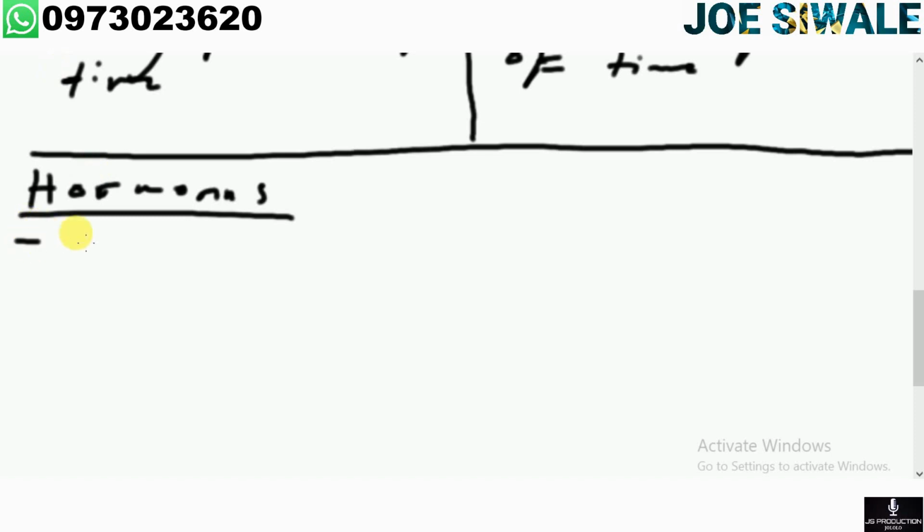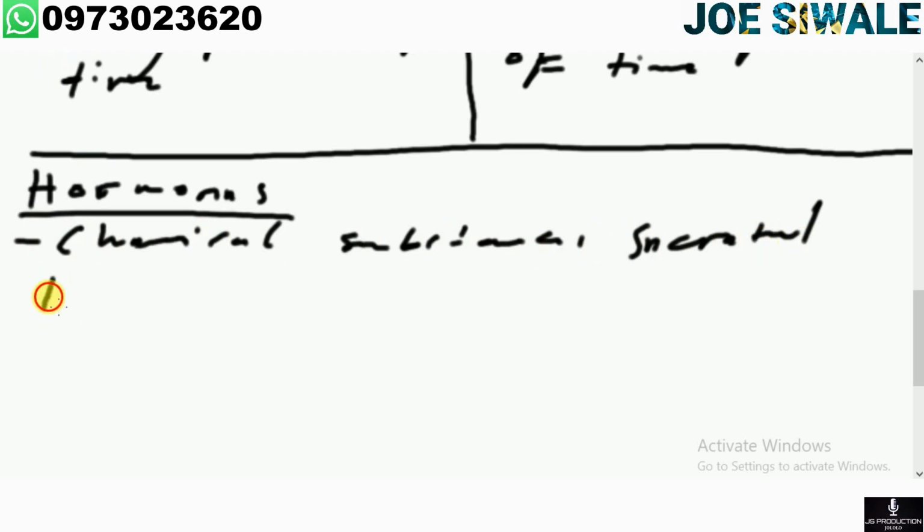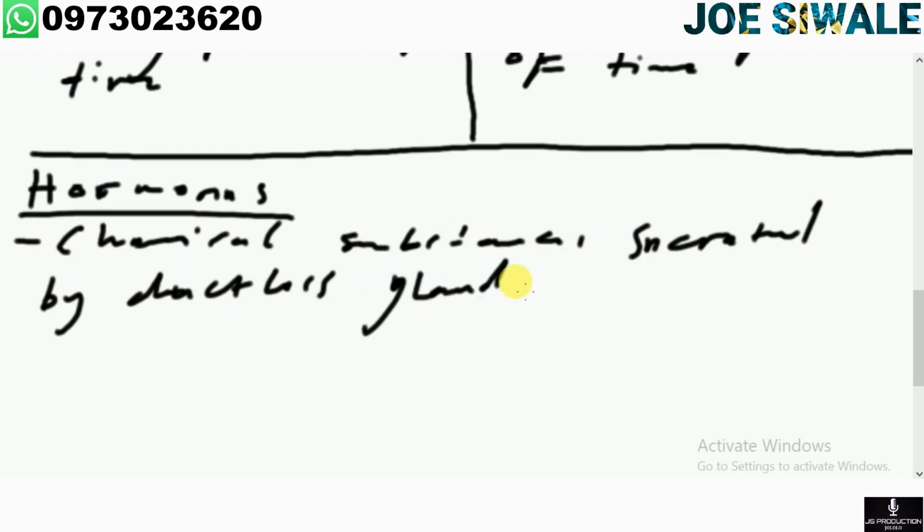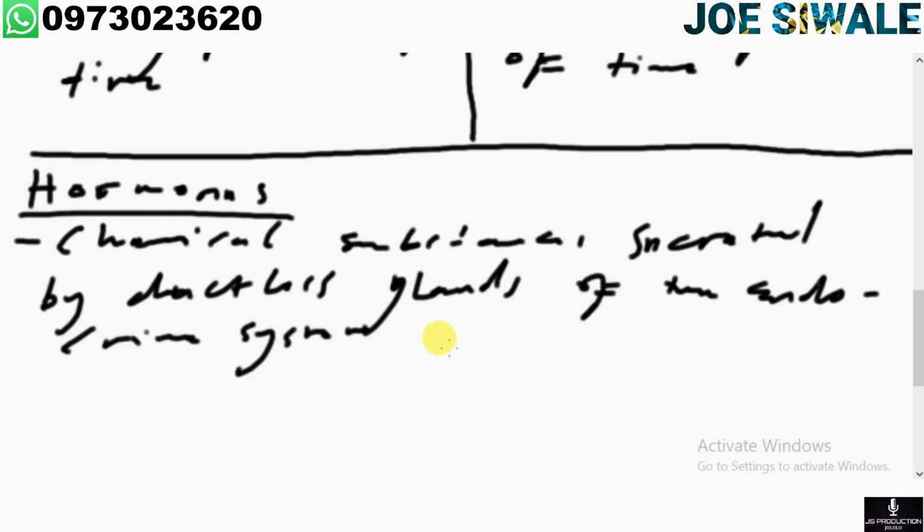So these are just regulatory chemical substances secreted by ductless glands of the endocrine system into the bloodstream. So this is the definition of hormones.